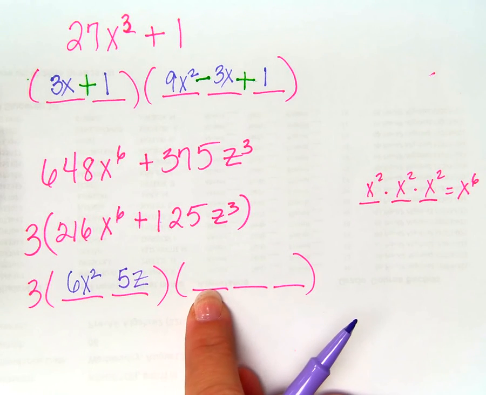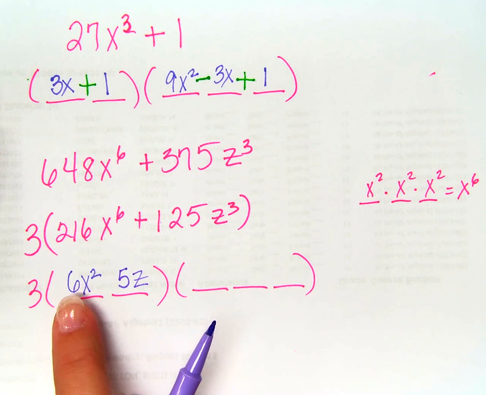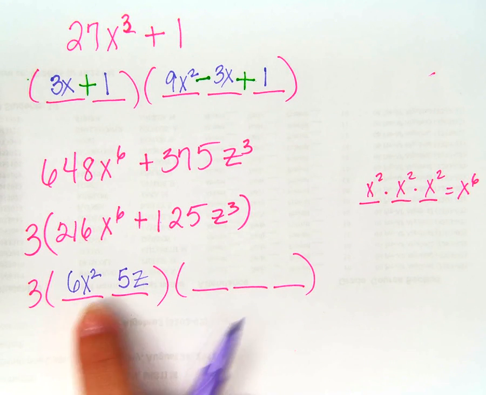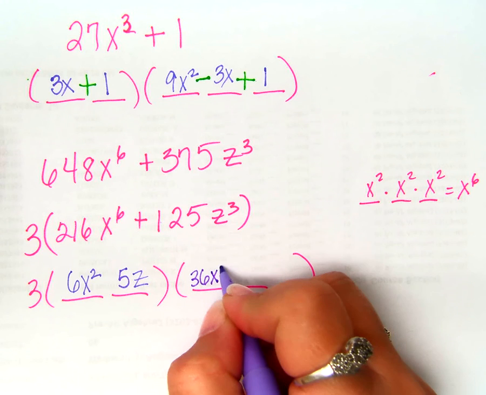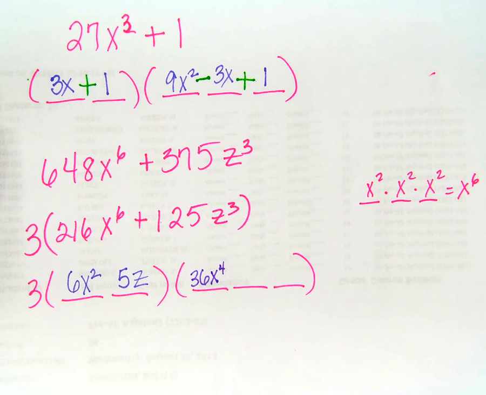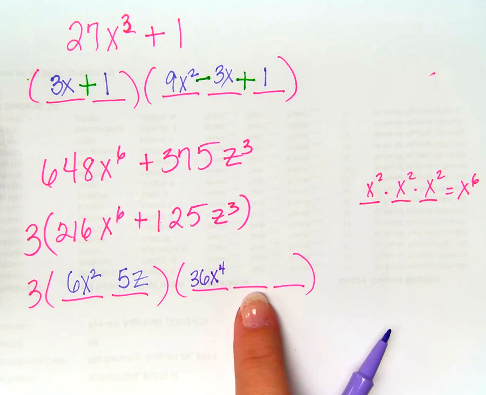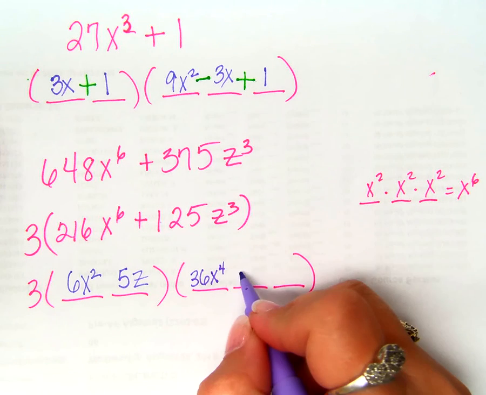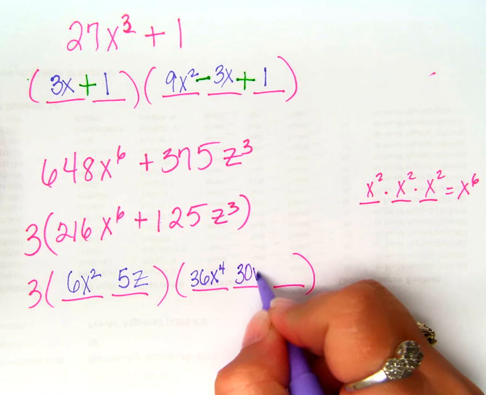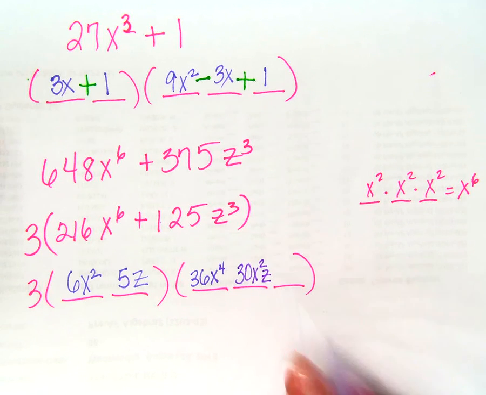First term of the trinomial is this term squared. 36x to the 4th. Very, very good. What goes in the middle term of the trinomial? This times this. 30x squared z.